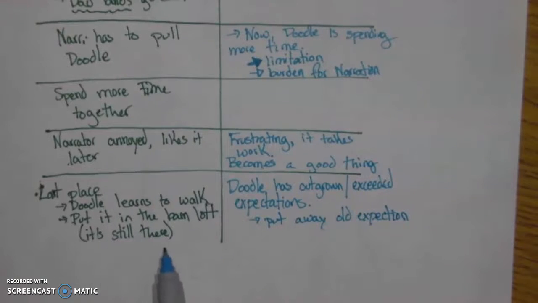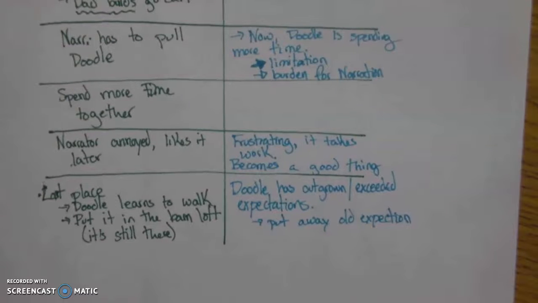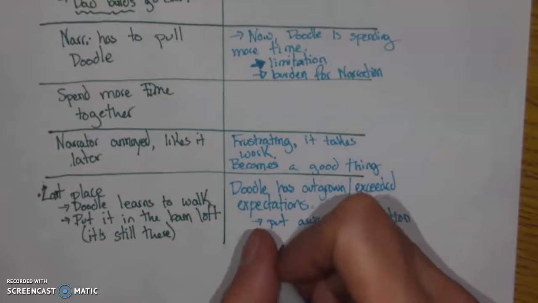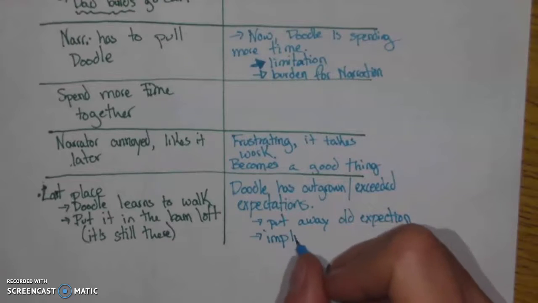But it's still there. And this is slightly dark because if you are putting aside your expectations of somebody when they exceeded what you expected them to do, and yet you don't completely let them go, you don't burn them, you don't throw them away, but you kind of hold on to them a little bit, it implies a few things. It implies that you kind of expect them to fail.